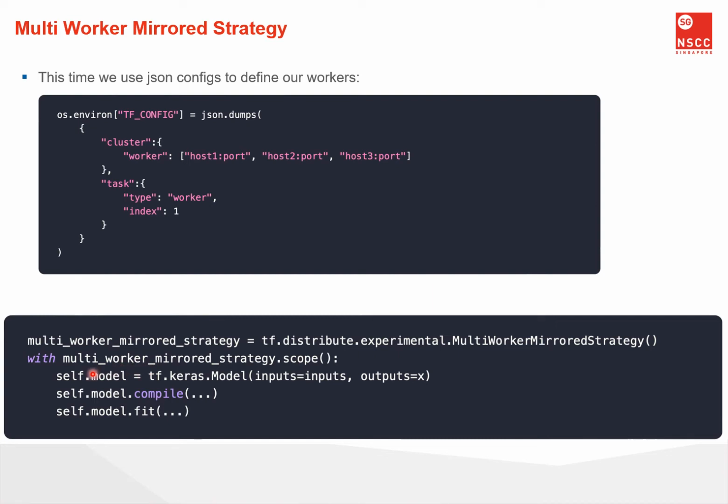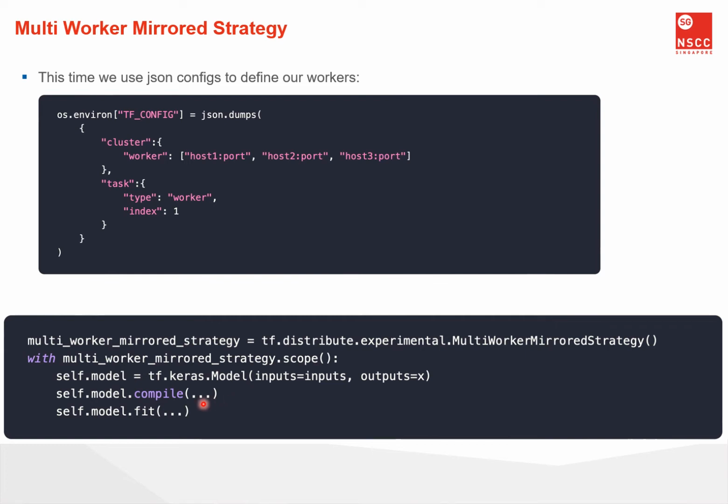After you define the scope, you do the model definition, compile, and then fit. As before, when you compile, we get the configuration of the different optimizer and layers that we have. And once you do a fit, that is when it will do the training: it will take mini batches from the training data and split them across the different computational nodes.